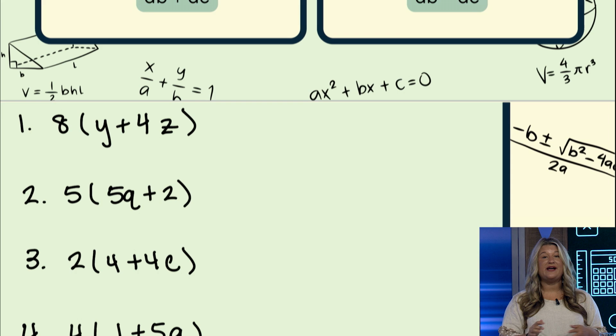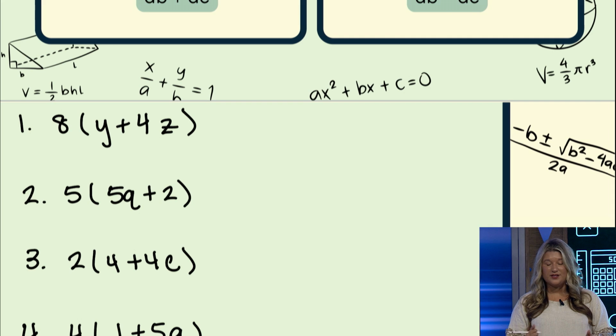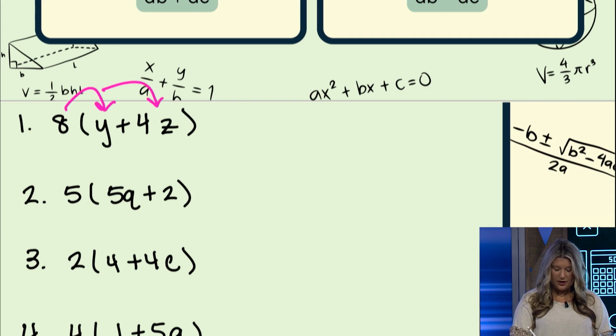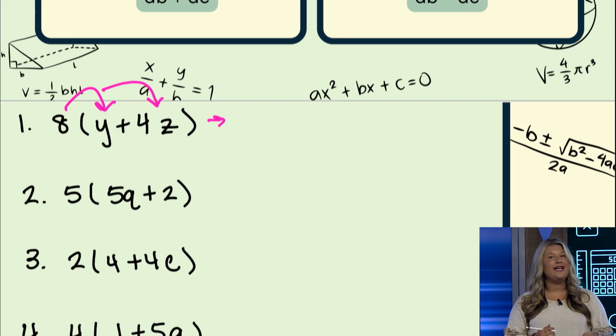So here we have some algebraic expressions. Here's some letters happening, okay? So we have 8 times y plus 4z. So our 8 is going to go to our y and also our 4z. Now, y does not have a coefficient, meaning there's not a number right next to our variable.